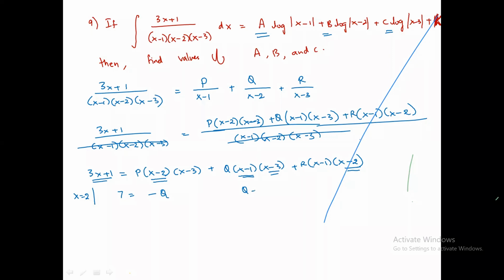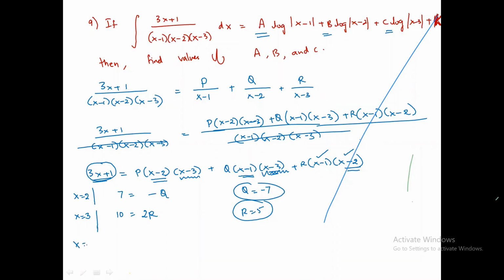So I am getting Q as minus 7. One answer I got. Next, I will put x equal to 3. When I put x equal to 3, what will I get on left side? 10. Right side, this will become 0. This will become 0. Then I have 3 minus 1, 2. 3 minus 2, 1. So 2R. That means R is 5. I got R.